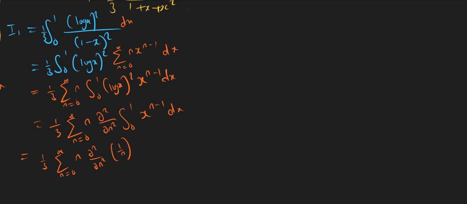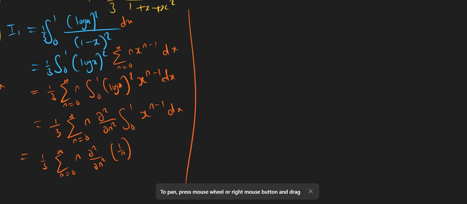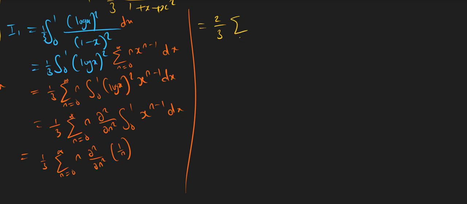Now, what we want to do next is notice that if you take the derivative of this, you will get an extra factor of 2. So you get 2 over 3 times the sum as n runs from 0 to infinity of n times 1 over n to the third power. So this would equal 2/3 times the sum as n runs from 0 to infinity of 1 over n squared.